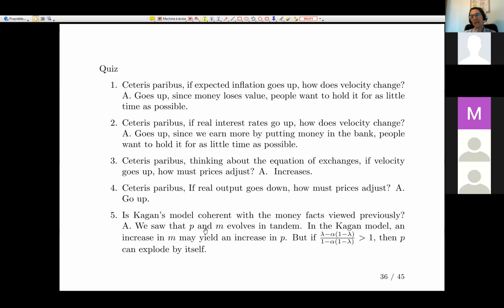So in the money facts, we look at a long-term horizon. The Cagan model is interested in hyperinflation episodes, which are extremely quick increases in the price level. So if I say it's incoherent, it's kind of true, but it's also not describing the same time horizon.